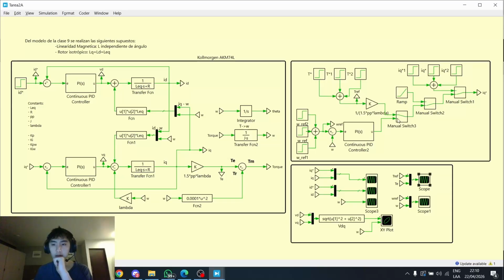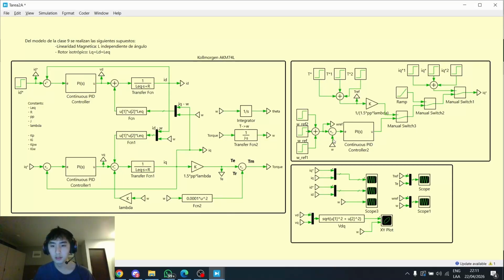Now, lastly, the speed controller. To implement the speed controller, we implemented another PI controller for the speed, shown over here. It is in cascade. Here we have the reference speed being subtracted by the real speed, and that error is fed into the PI.